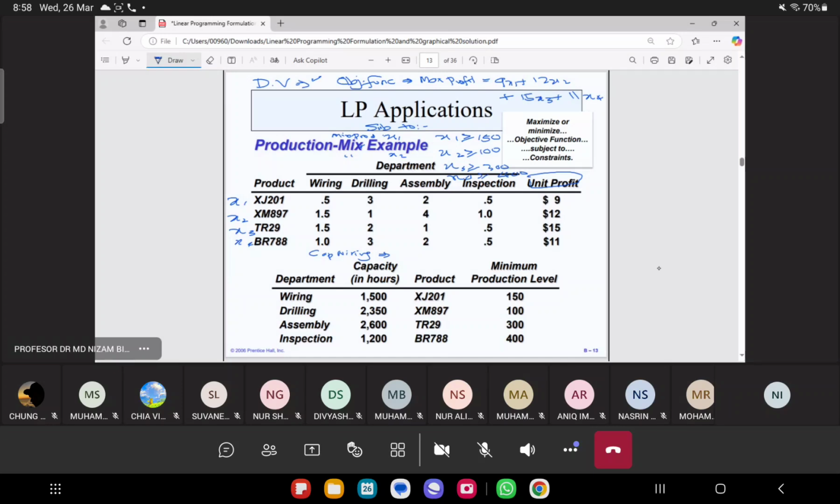So I can calculate the wiring utilization as 0.5X1 plus 1.5X2 plus 1.5X3 plus 1X4. And the capacity for wiring is 1,500.